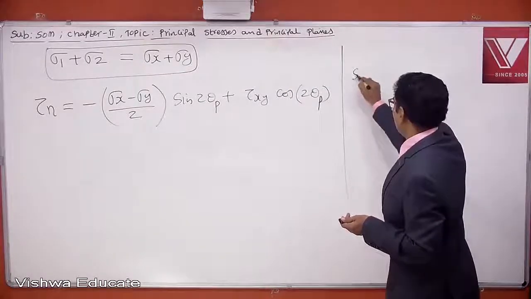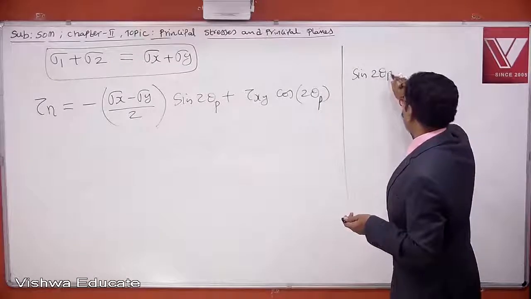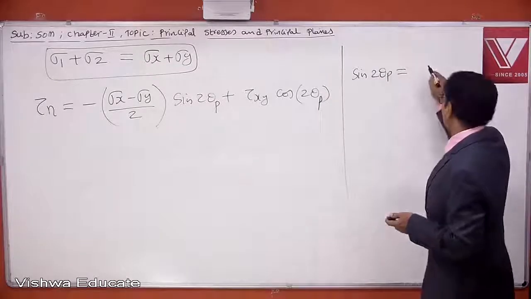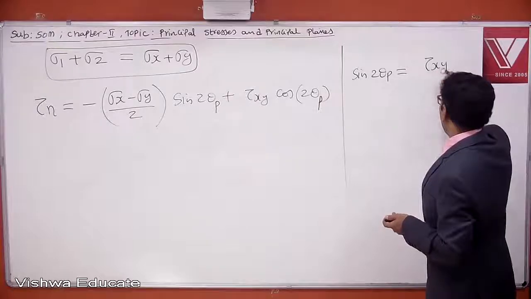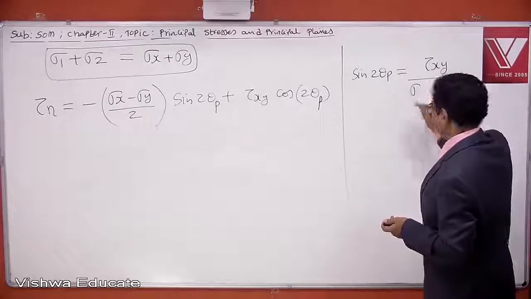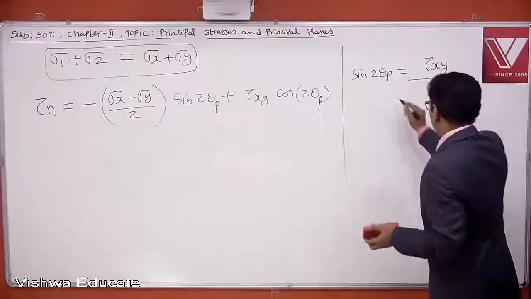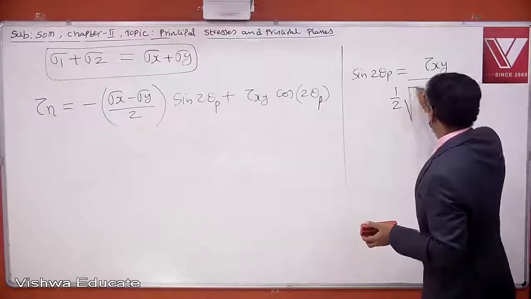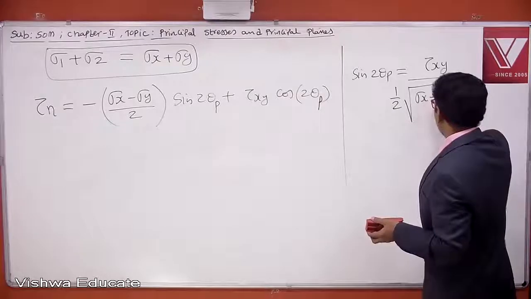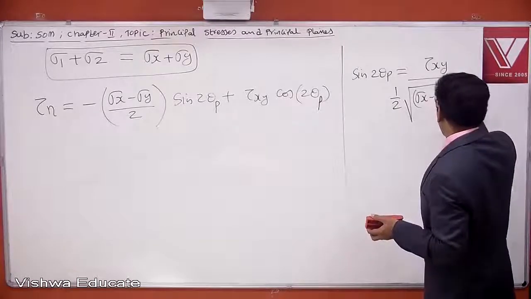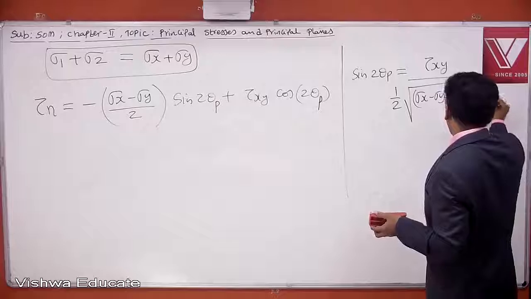From the principal plane triangle, you can easily write sine 2 theta p is equal to tau xy by half into square root of sigma x minus sigma y whole square plus 4 tau square xy.